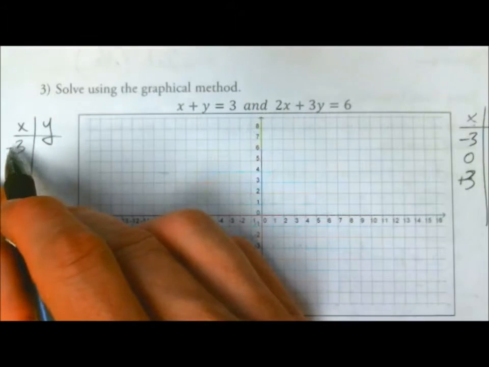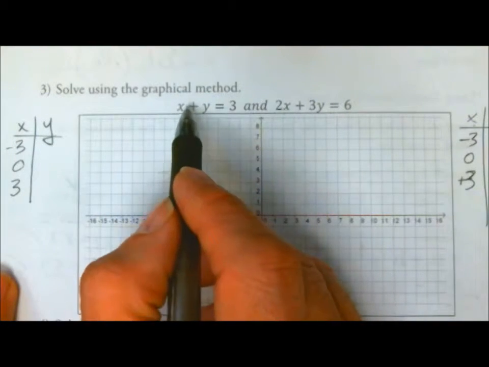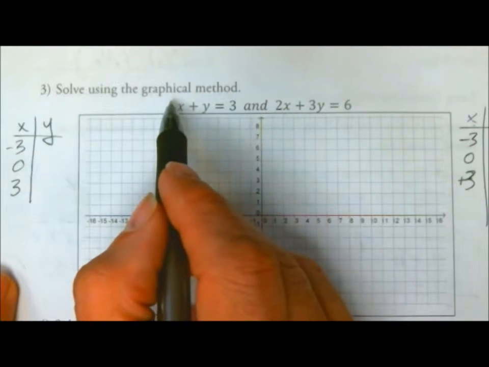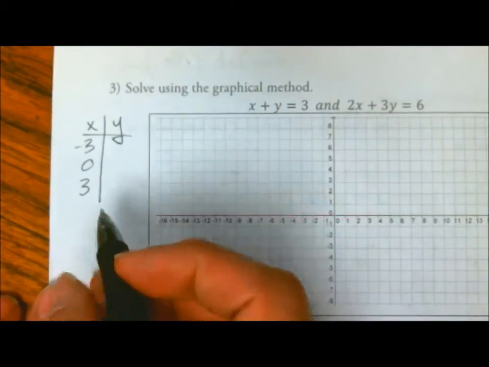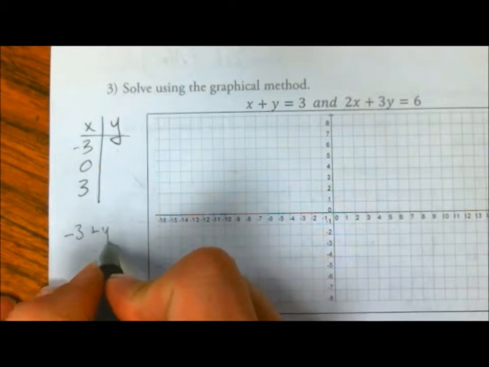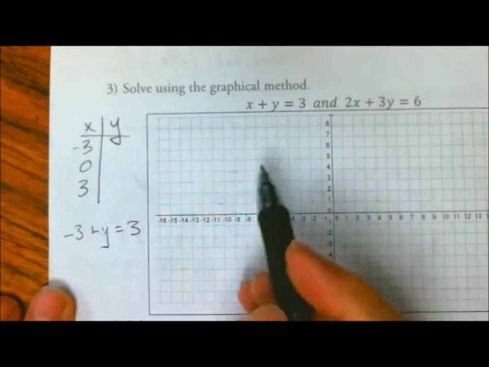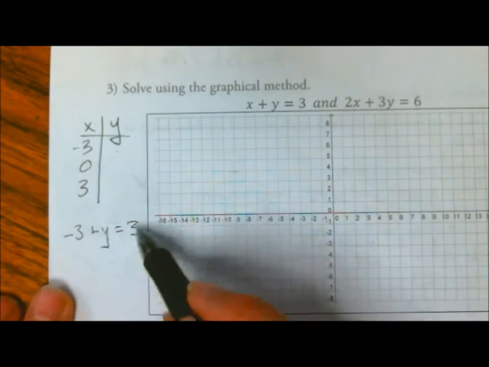If I look at a -3 for x on this t-chart, I simply put the -3 in for x right there, solve the equation to figure out what y is. So here we go. -3 plus y equals 3. That's me substituting a -3 in for that x. Now I solve this equation.